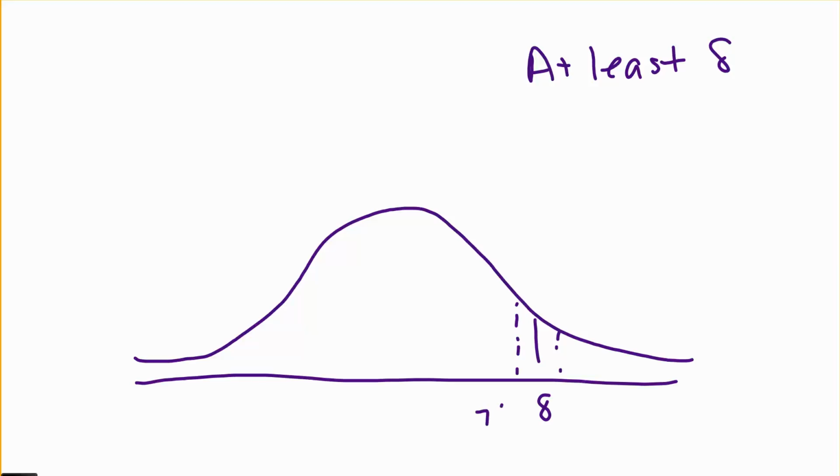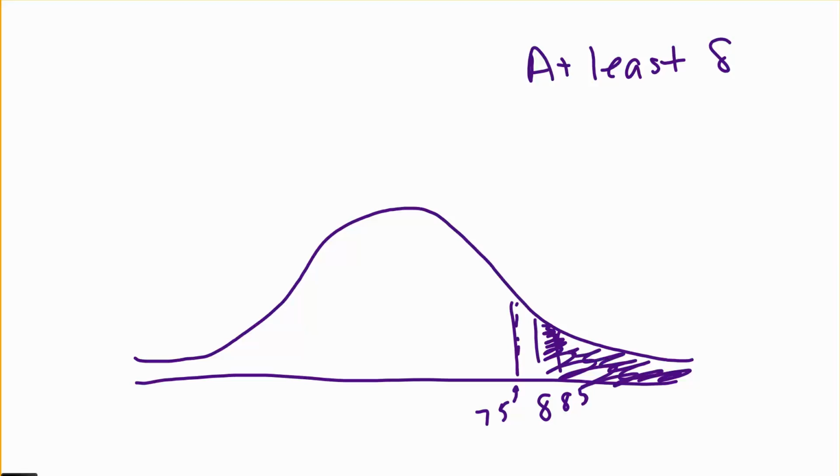So here's 7.5, here's 8.5. Sorry, that's not drawn very well. So there's that interval. If we're looking for at least 8, we want everything to the right of 8. So we'd want everything here.